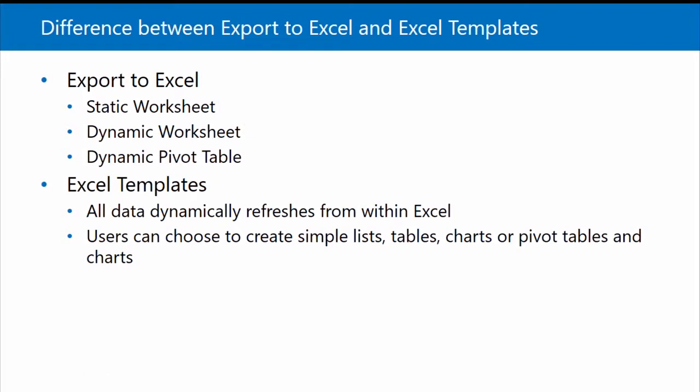Also, as we discussed, we can use Excel Online, which allows us to edit the data directly within Excel and have it update within Dynamics 365. And then we also discussed our dynamic worksheet and our dynamic pivot table, which allow us to refresh the data from the Microsoft Dynamics 365 environment. But as mentioned, it does require us to have the Dynamics 365 Outlook client.